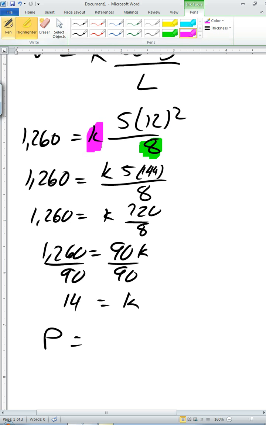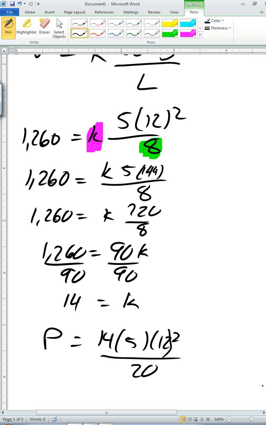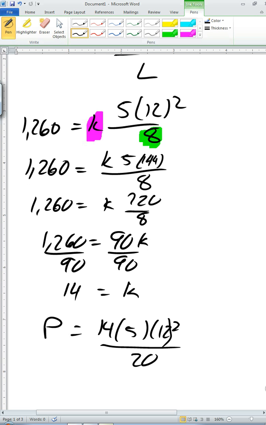So we'll go back down here. And so I'll say it's 14 times 5 times 12 squared. I should have my parentheses in there, sorry. And we are going to divide this all by 20 now instead of 8, because that's what it asks us about here. So let's go ahead and multiply this out here.